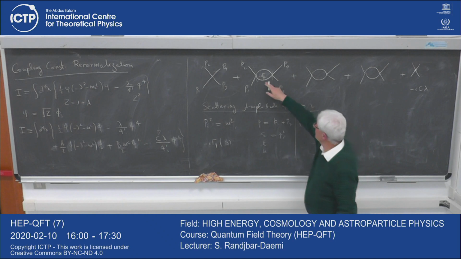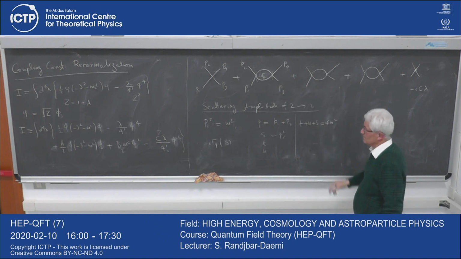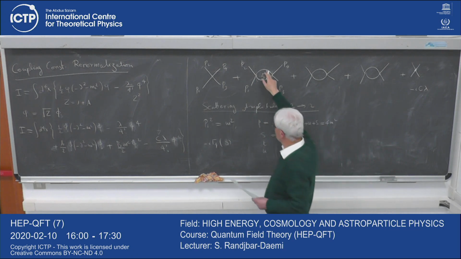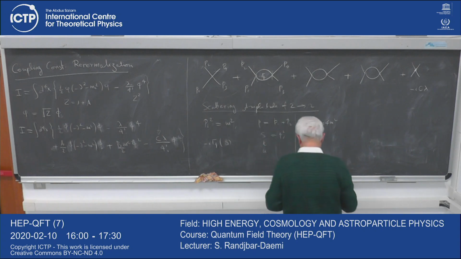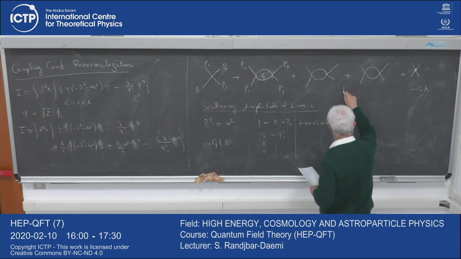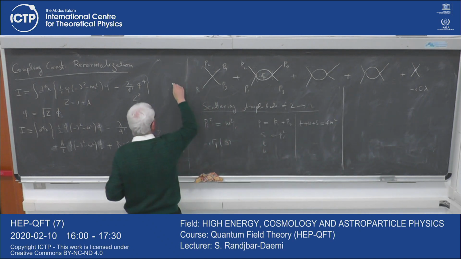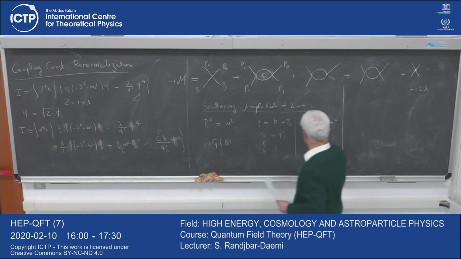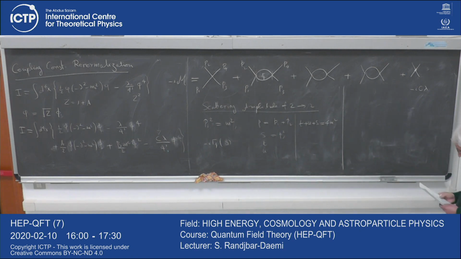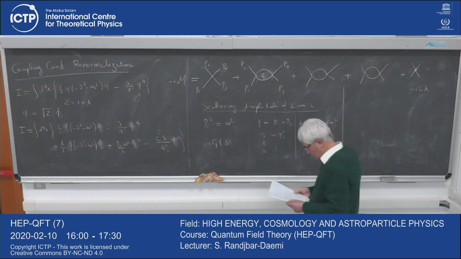So by Lorentz invariance, these graphs should depend on t, u and s. The first one is the one that depends on s. That means the entire amplitude, which I'm going to call minus iM, will depend on s, t and u with this constraint.